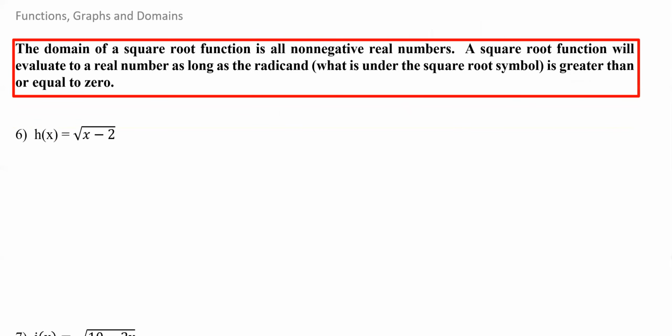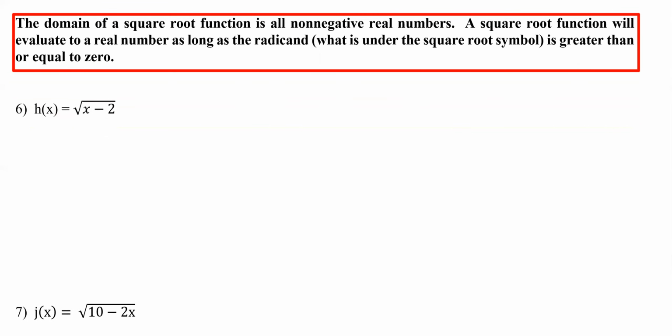The other function that has a restricted domain is a square root. The domain of a square root function is all non-negative real numbers. A square root function will evaluate to a real number as long as the radicand, what is under the square root symbol, is greater than or equal to 0.